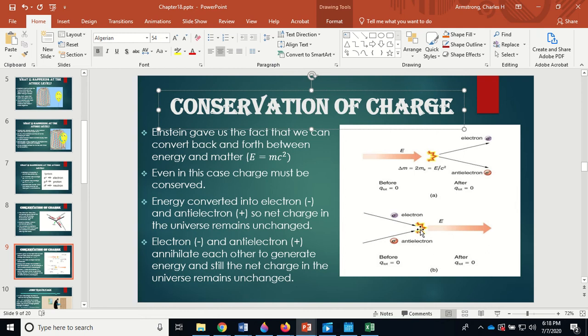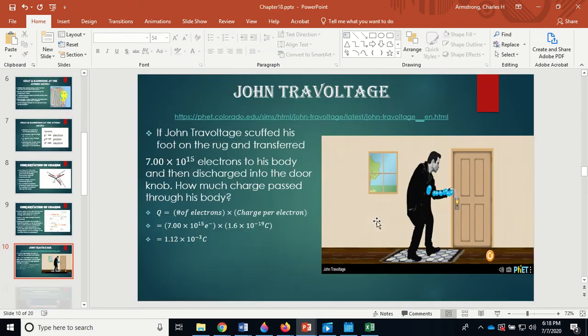They annihilate each other. They send off energy in the form of a gamma ray. So Einstein gave us the fact that we can convert back and forth between energy and matter. Even in this case, charge must be conserved. Energy converted into an electron and anti-electron, so net charge in the universe remains unchanged. An electron and anti-electron can annihilate each other to generate energy, and still the net charge in the universe remains the same. Okay, you don't have any more electrons compared to protons, and the energy going off here would be a gamma ray.